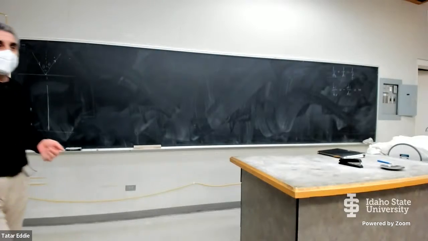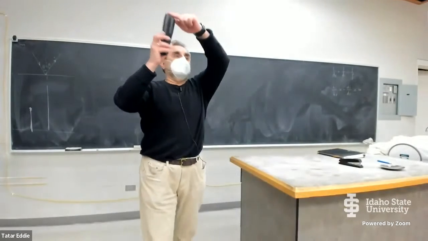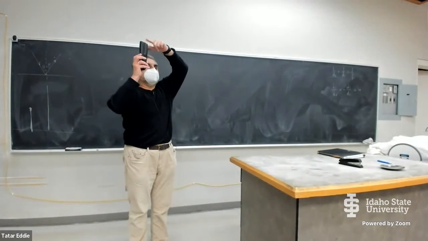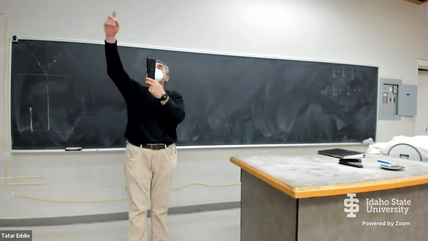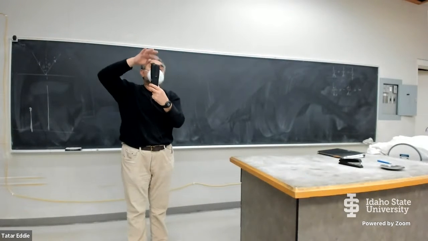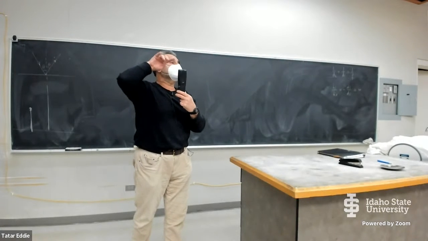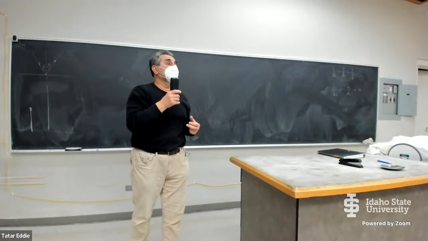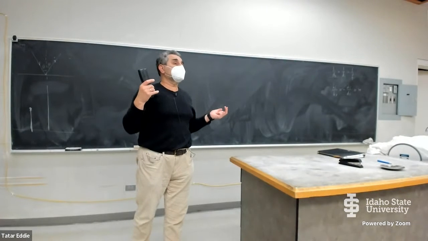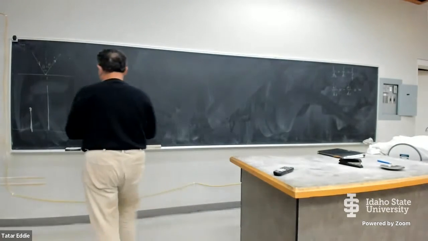So if you're observing an object like this, and here's the tip of that object, light is coming from the fluorescent lights, gets scattered from this point, and the light rays that get scattered in the direction of your eye, those are the rays that eventually are going to form the image. So let's form that image here on the board.